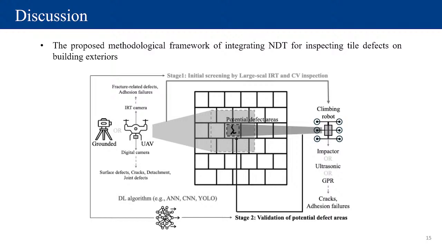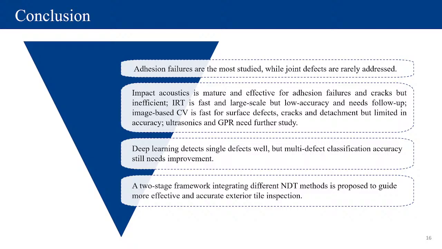However, this framework is still conceptual and it needs future validation. To conclude, the research effort is uneven. Adhesion failures are the most studied, while joint defects are rarely addressed.